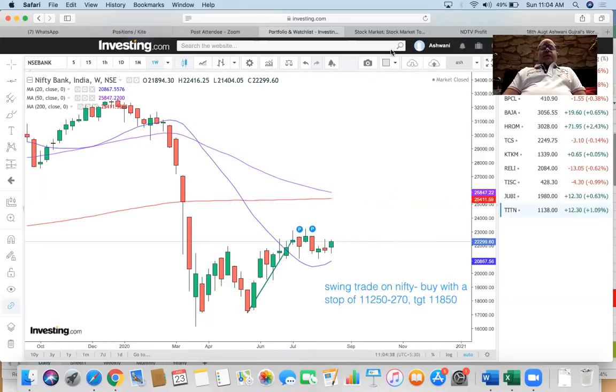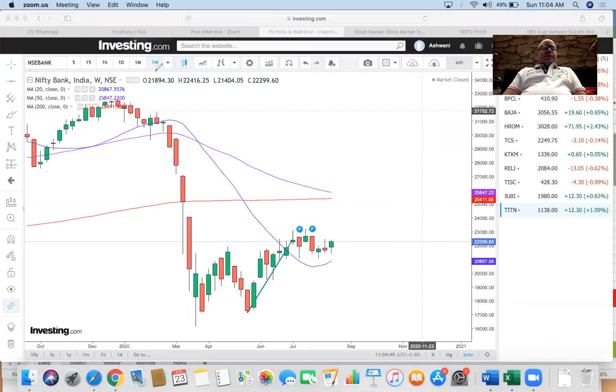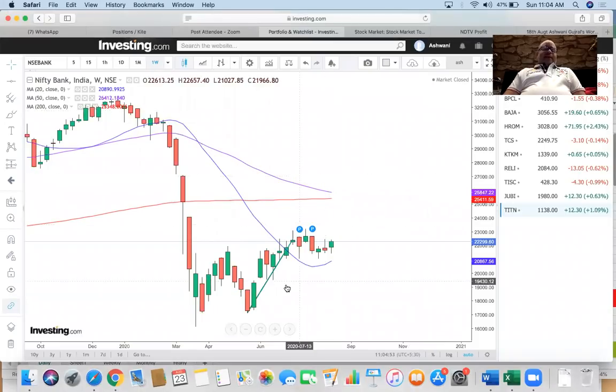Now this is the Bank Nifty weekly chart.